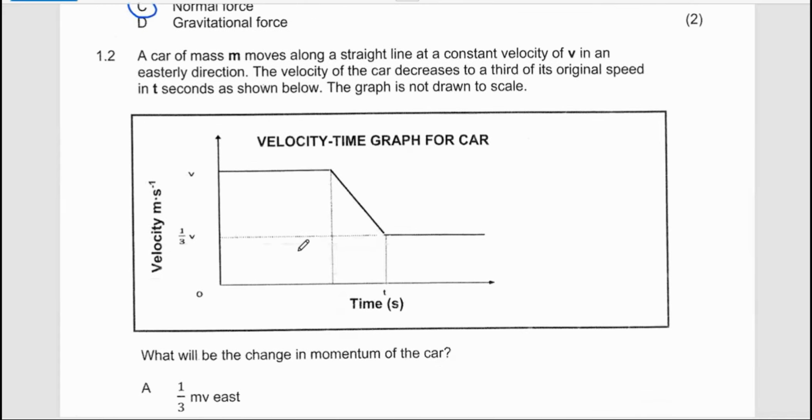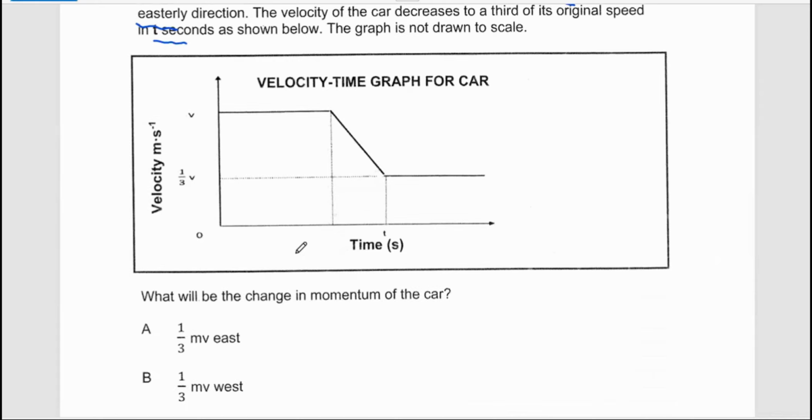And then 1.2, we are being told that a car of mass m moves along a straight line at a constant velocity v in the easterly direction. The velocity of the car decreases to a third of the original speed in t seconds, as shown. And then they are telling us that it is not drawn to scale.